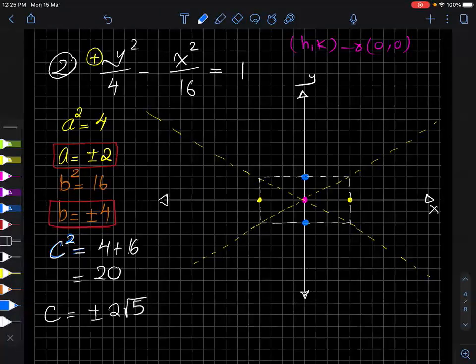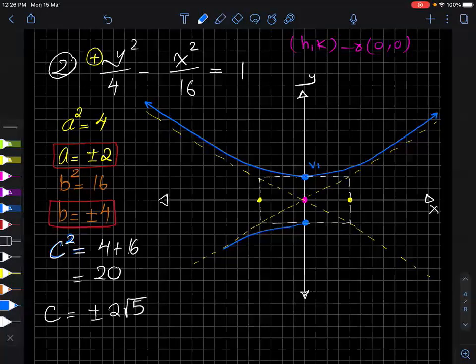Which points do I have to draw my hyperbola from, the blue ones or the yellow ones? Does the hyperbola open right or left, or up and down? Up and down. So here, like this, my vertex V1, and we'll draw one below.